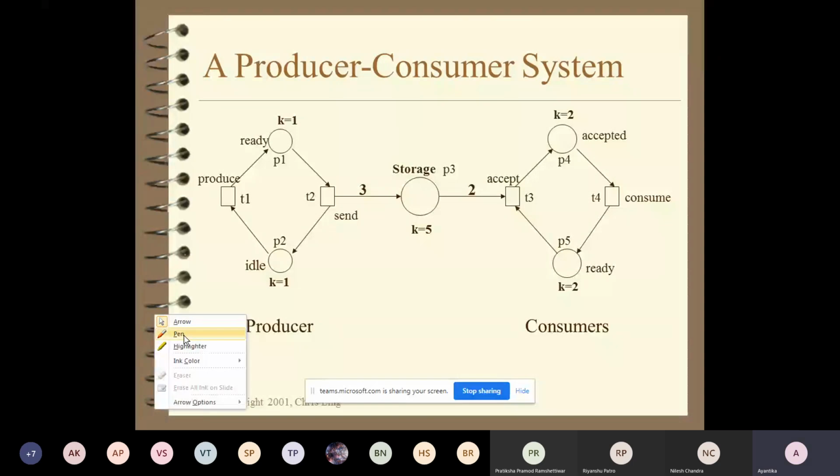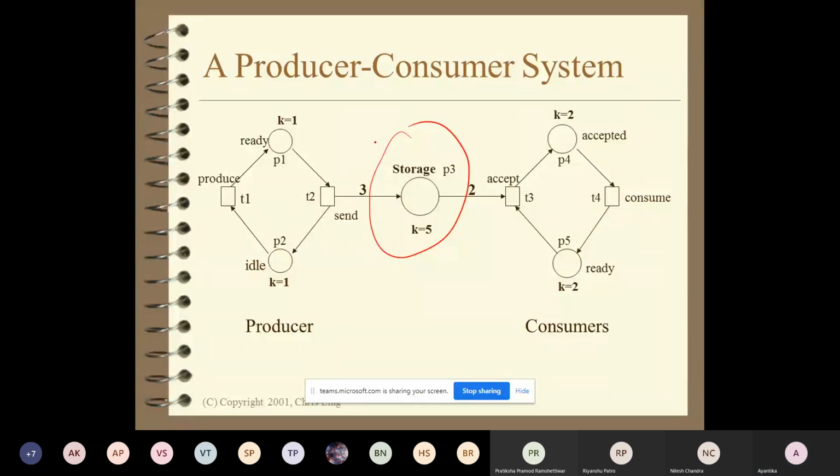That's why, whenever you are modeling or designing this type of producer consumer system, you have to think about some intermediate storage. What is the purpose of the storage? When there's a difference between the rate of processing of the producer and the consumer, this storage will act as an intermediate buffer.